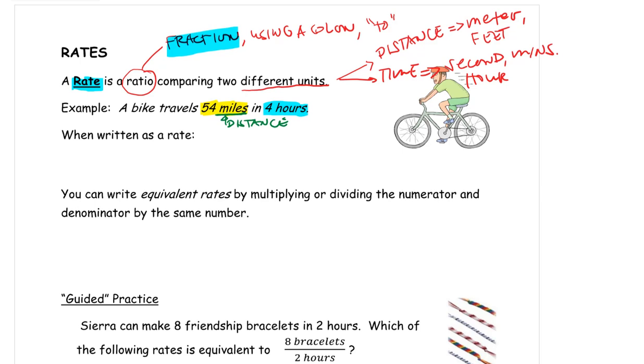It describes how far the bike traveled. And hours pertains to the quantity of time. Remember that distance and time are two different physical quantities. That's why their units are also distinct from one another.